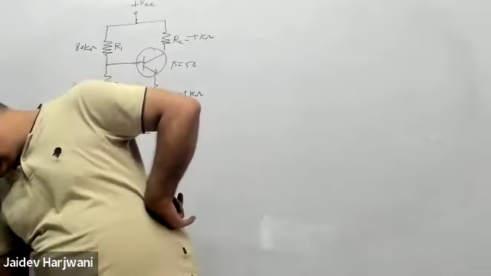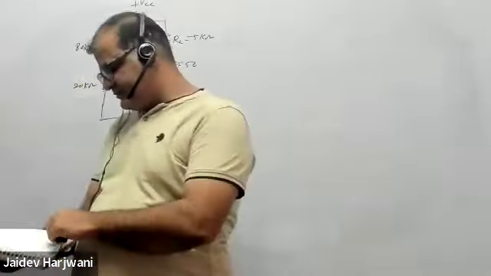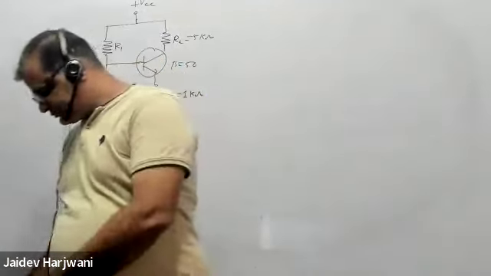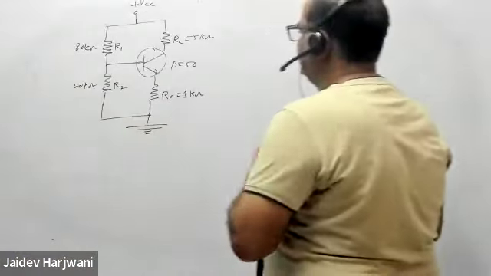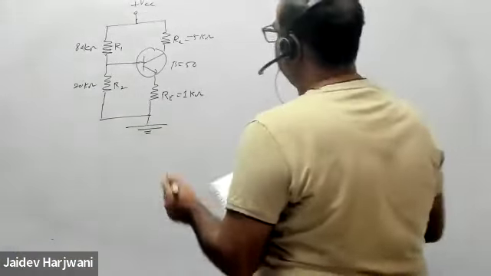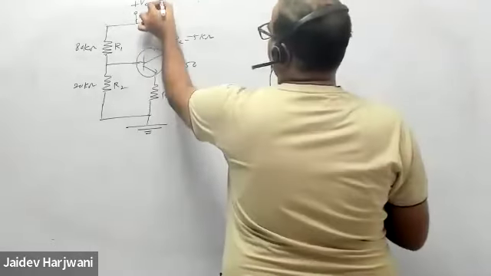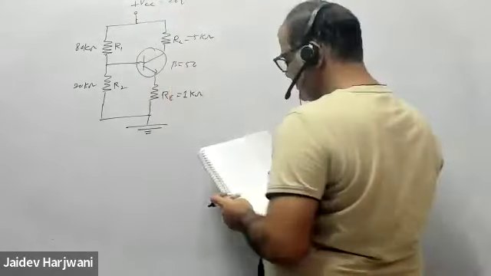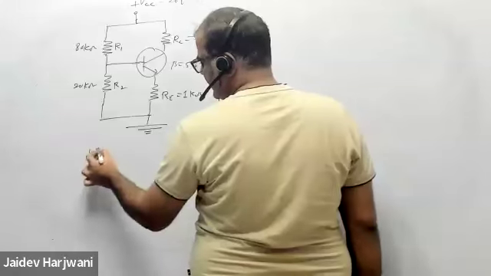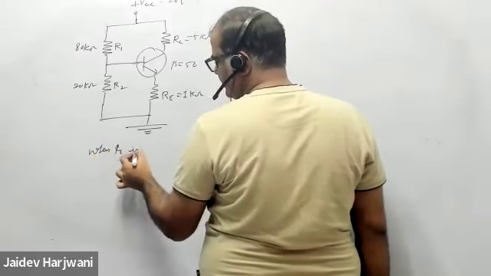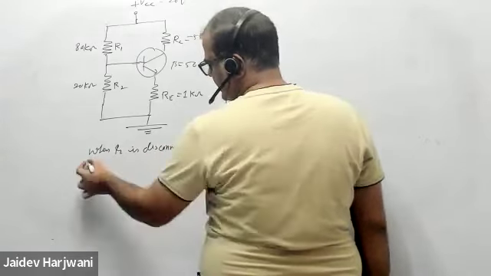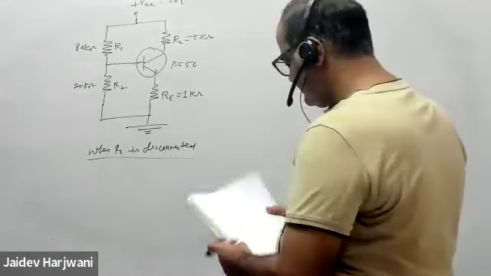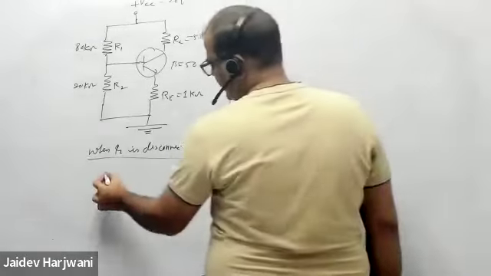So tell me how to do this problem. Interesting problem. Let me first give you the options. The problem: VCC is given 20 volt. It says when R2 is disconnected, what happens?